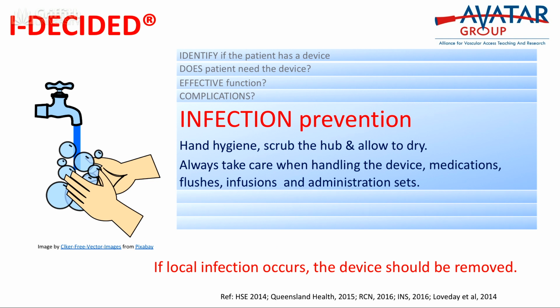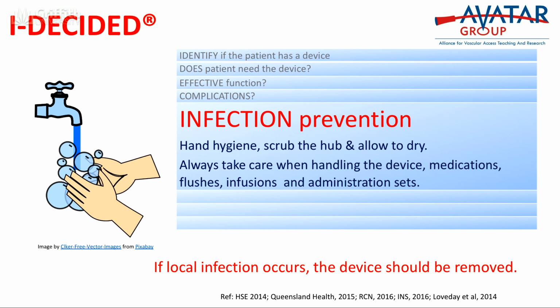Infection prevention is essential for any invasive device, particularly intravenous catheters because they're going straight into the bloodstream. So it's essential that the clinician performs hand hygiene, scrubs the hub before use and allows it to dry. Always take care when handling IV devices, inserting medications, flushes, infusion and connecting administration sets.